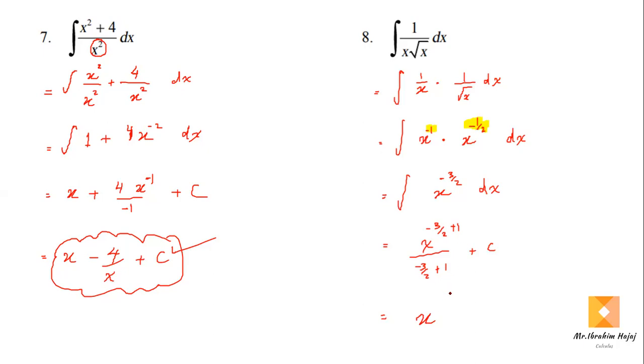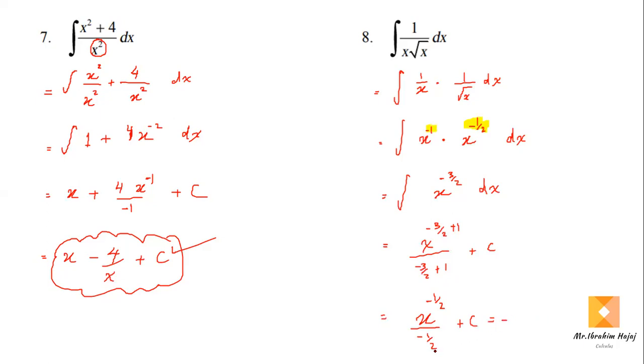Negative 3 over 2 plus 1 gives negative half, over negative half, which is all over negative 1 over 2 in the denominator.